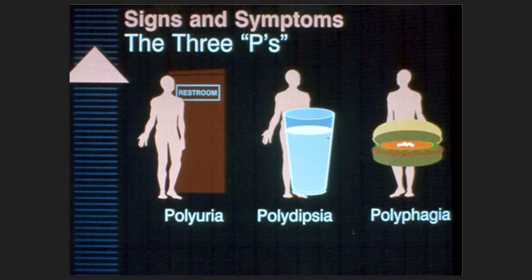Whether diabetes is primary or secondary or inherited, all of them have the same clinical presentation: polyuria, polydipsia, weight loss, and polyphagia. Polyuria means a lot of urination, frequent urination.